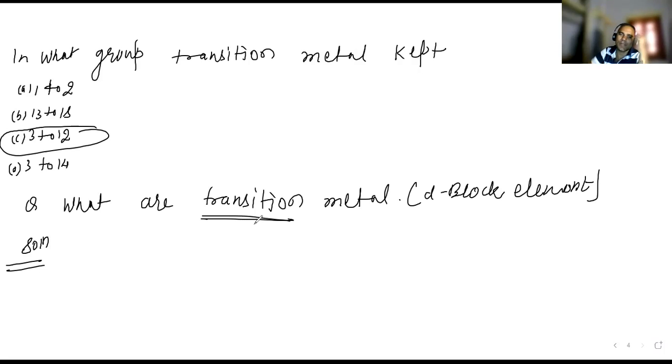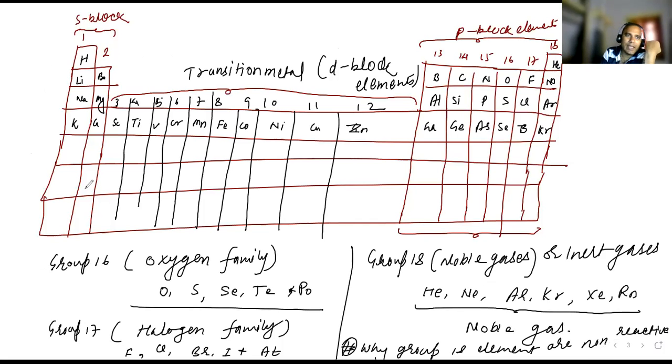Now you see this one. These two are the metals. S block elements are metals, I told you. And these are the non-metals. Here they are almost all non-metals: nitrogen gas, oxygen gas, fluorine gas, neon gas, carbon non-metal.